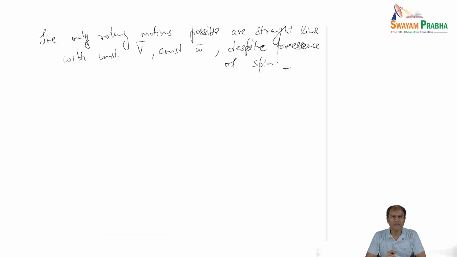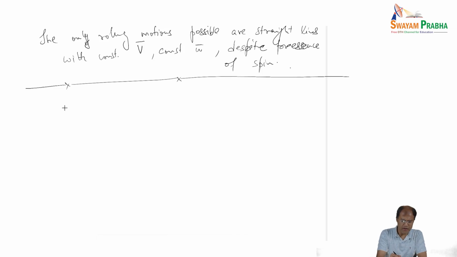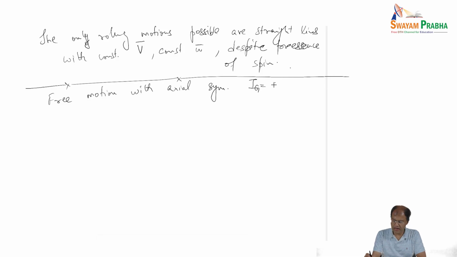Let us now look at some specific cases again. One specific case is the free motion with axial symmetry. So how about the case where Ig is A, A, C, right? So the first case is the following.